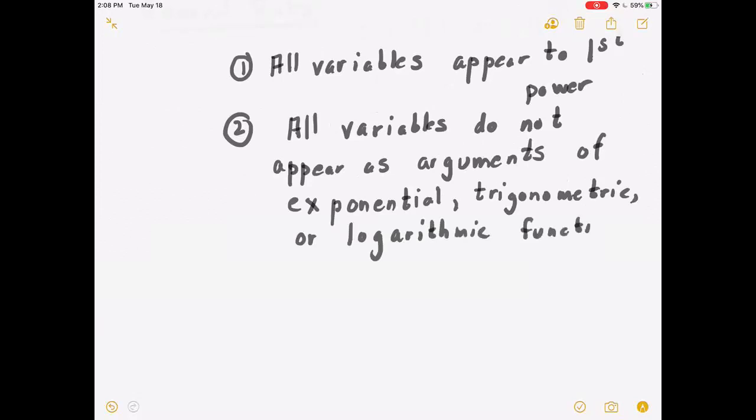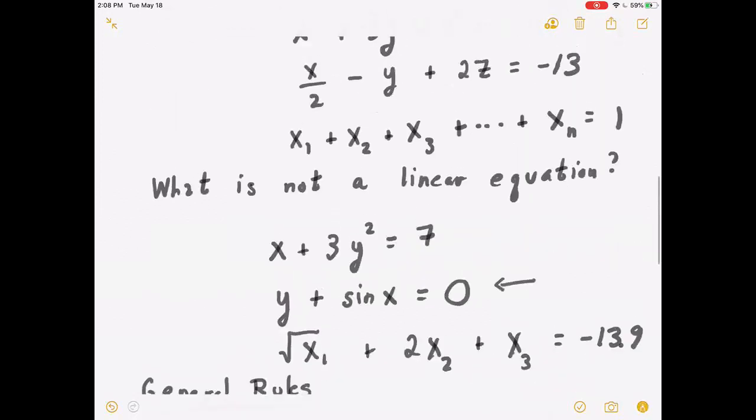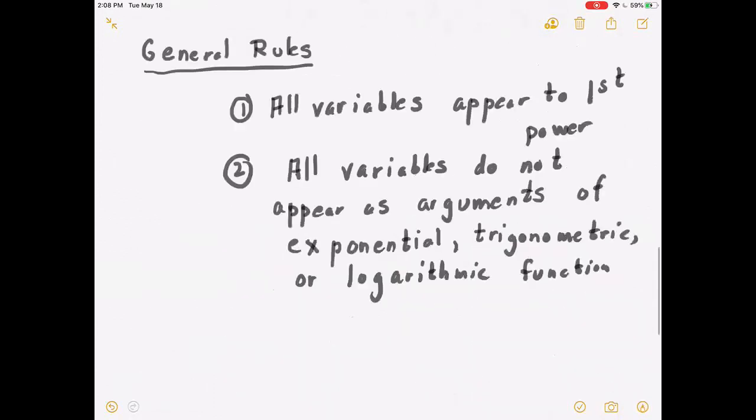So that example of sine x plus y equals 0 clearly doesn't meet that criterion. So it's not a linear equation.